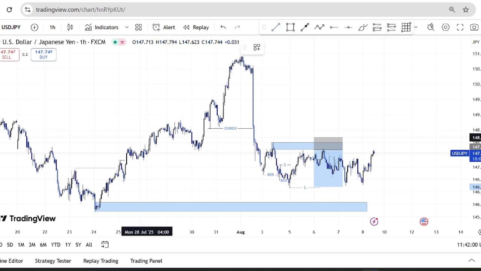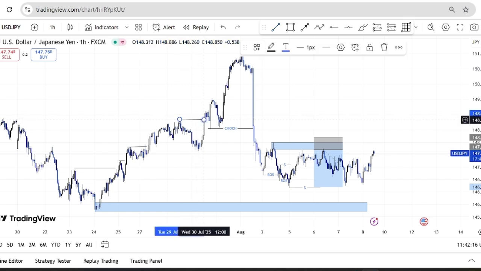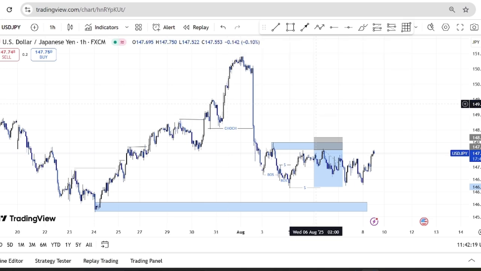We had another break here, another one to the upside again, which tells us that price was bullish. And now this was the last low. Of course, what was I expecting?